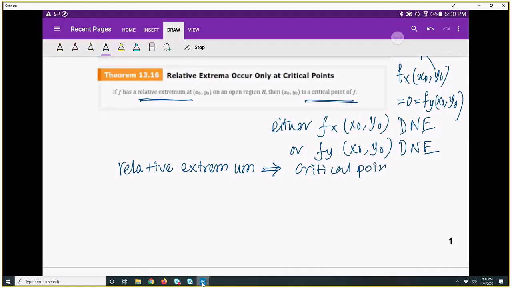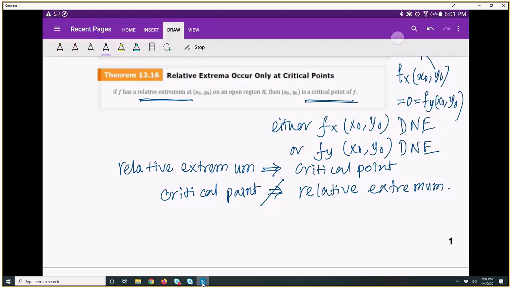For example, there are a bunch of critical points which are not going to be a relative extremum. So just because I get to say that I'm a critical point, I don't get to say that definitely I'm going to be a relative extremum. And this is very important for us to understand. Even with this result, when I'm finding the relative extremum, I will narrow my choices of points where I can get the relative extremum to the points of critical nature.